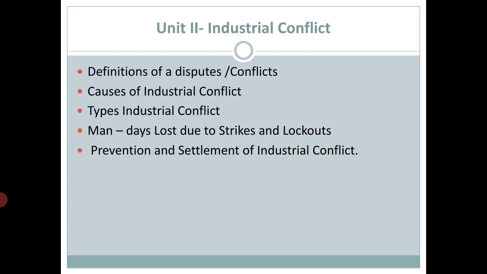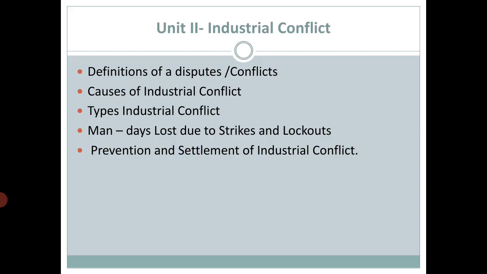we have gone through the three actors, right? That is the employer, employee, and government. Usually the employer and employee have different viewpoints, so what is inevitable?